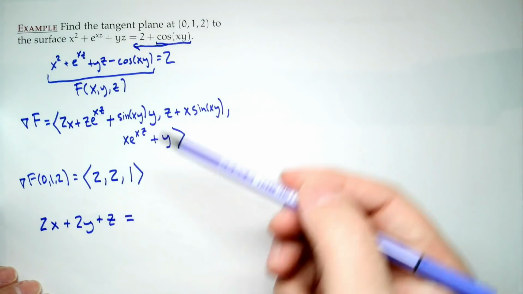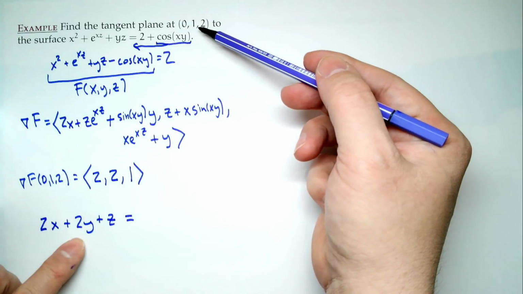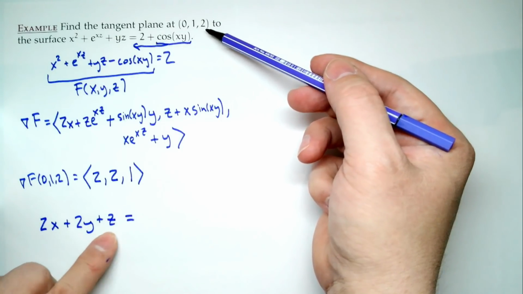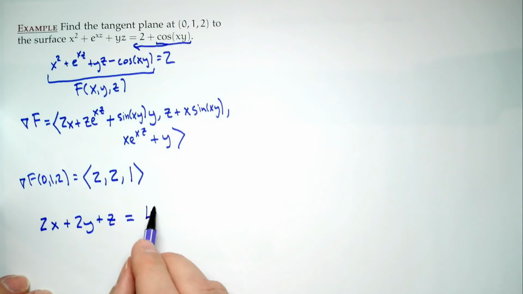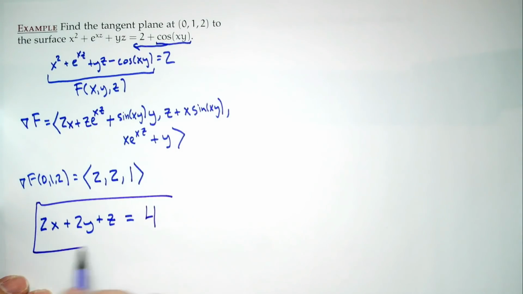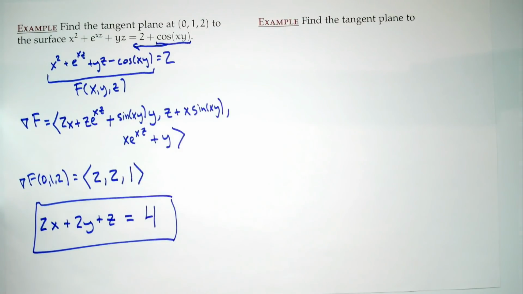Plug in the point. 2 times 0, 0. 2 times 1, 2. 2 is 2. Put them together, we get 4. And so there's our tangent plane. This is a very popular problem. Well, maybe I'll say it's a popular problem among faculty. I don't know if it's popular among students.